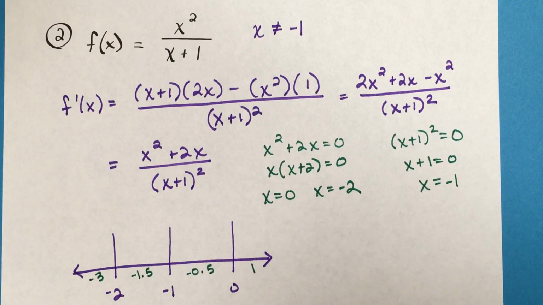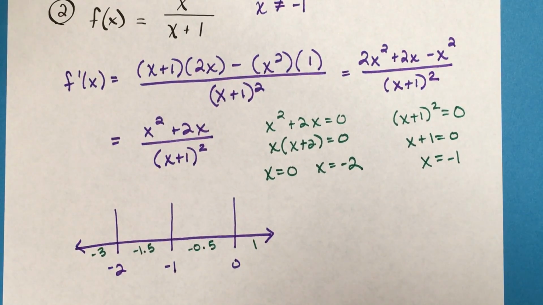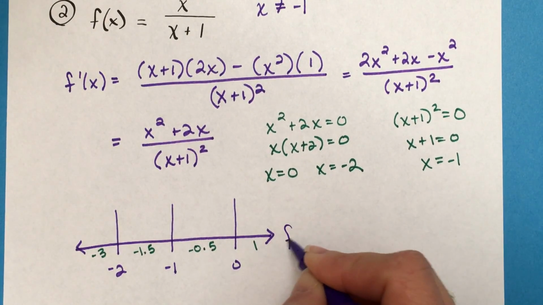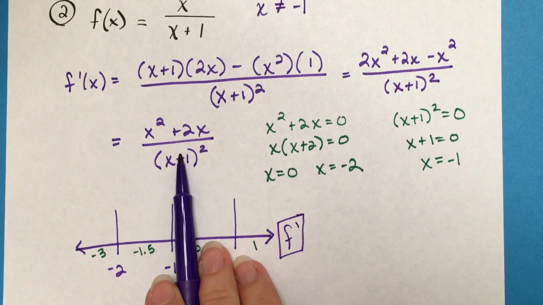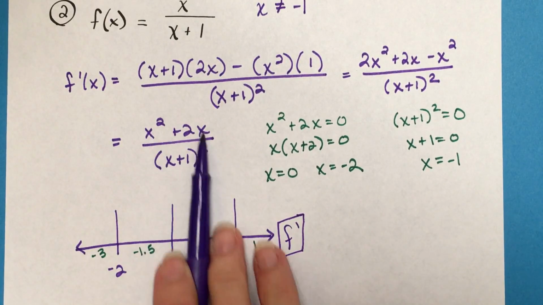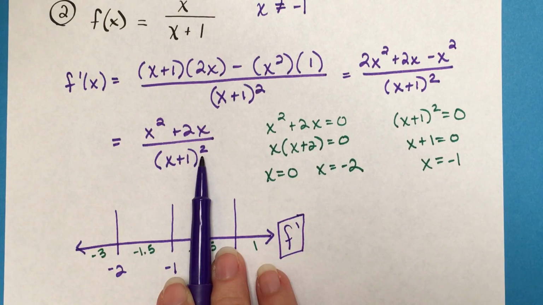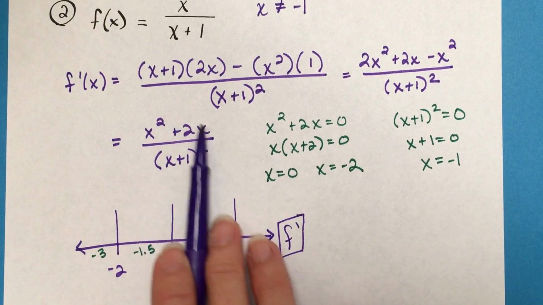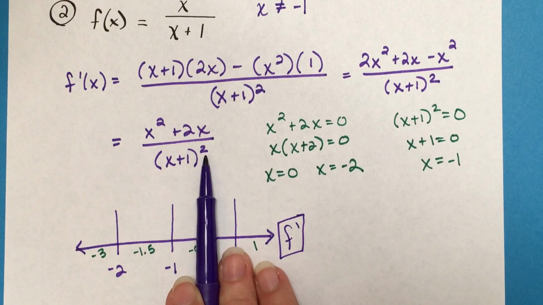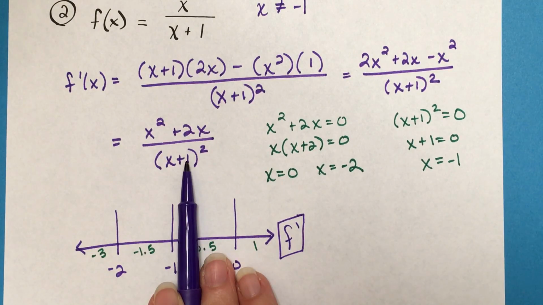Again, we're not all going to pick the same test numbers, just as long as you're picking a value that would fall within that interval. And you're going to substitute these, remember, into your first derivative. So you can go right back here to this step. This would be where I had simplified my first derivative. All right, so take the -3 and plug this in. Of course, I'm just going to leave that up to you to do the calculations there.